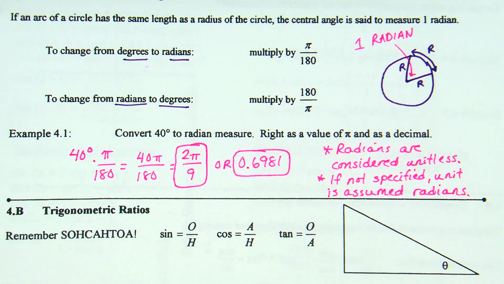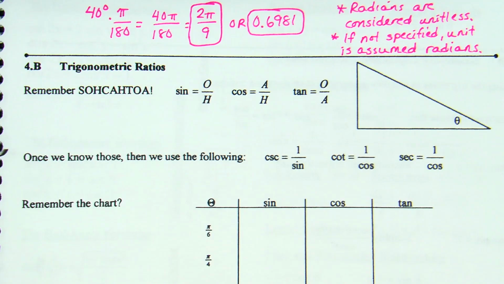Okay, moving on. Trig ratios. How much do I need to say about SOHCAHTOA? Probably not much. You learned that back in geometry, right? So SOHCAHTOA. Sine is opposite over hypotenuse. Cosine is adjacent over hypotenuse.